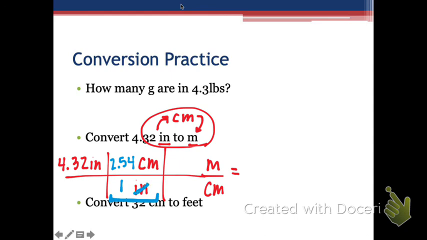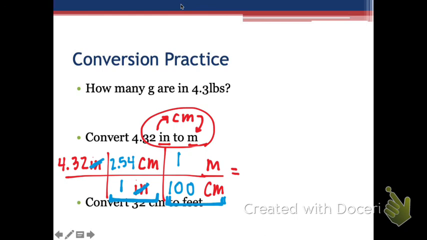Okay, so now inches is done. If I stopped now, what would my unit be in? Centimeters, which is not what I want. Now I need to get rid of centimeters and go to meters. So where does the 1 go here? Meters, and then centi gets 100. So I'm going to take 4.32 times 2.54 divided by 100. I want to make sure I hit enter after I do my numerator.